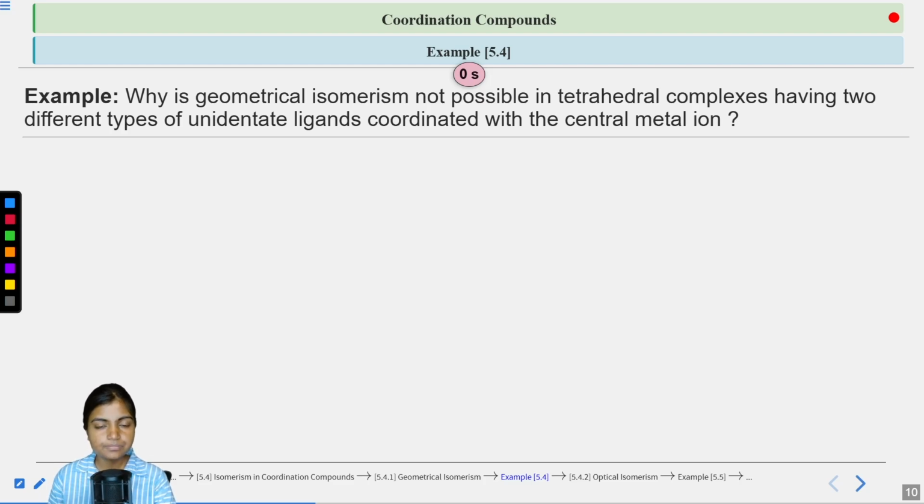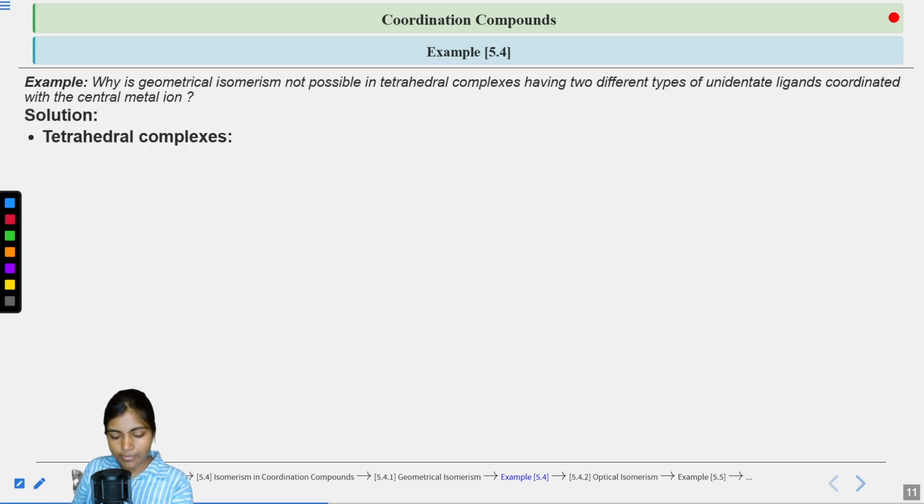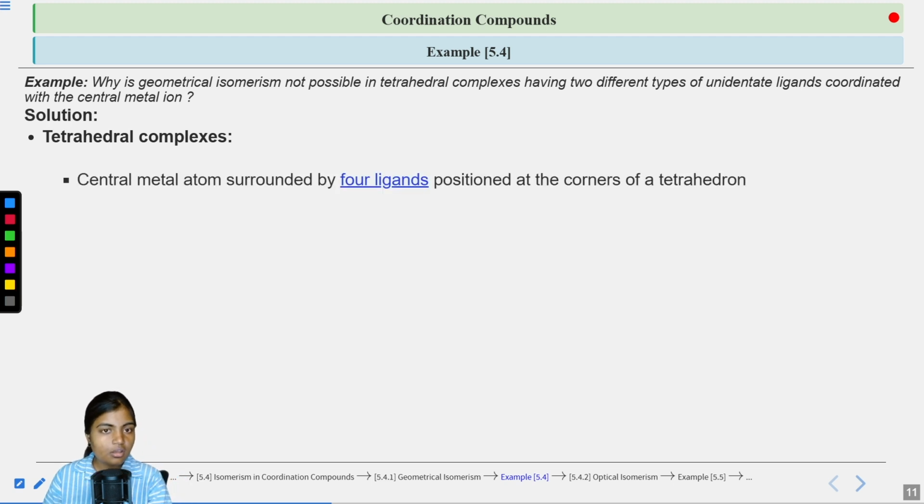Okay, let's see. For this given example, let's first of all understand the tetrahedral complexes. The central metal atom is surrounded by four ligands that are positioned at the corners of a tetrahedron.